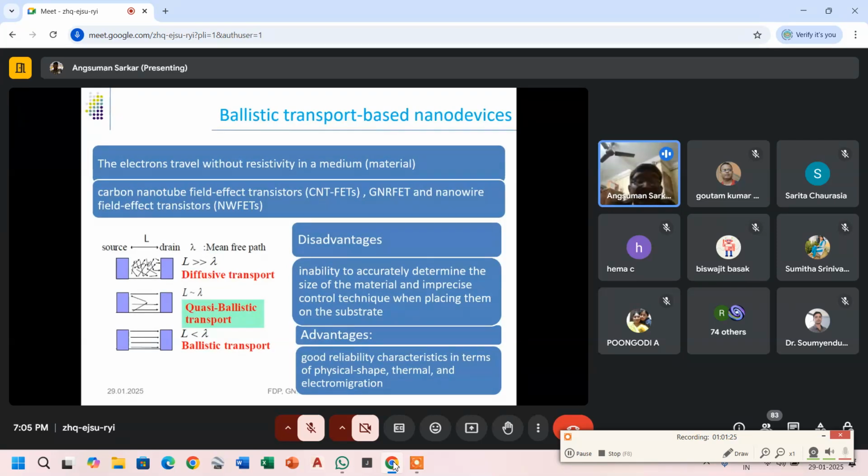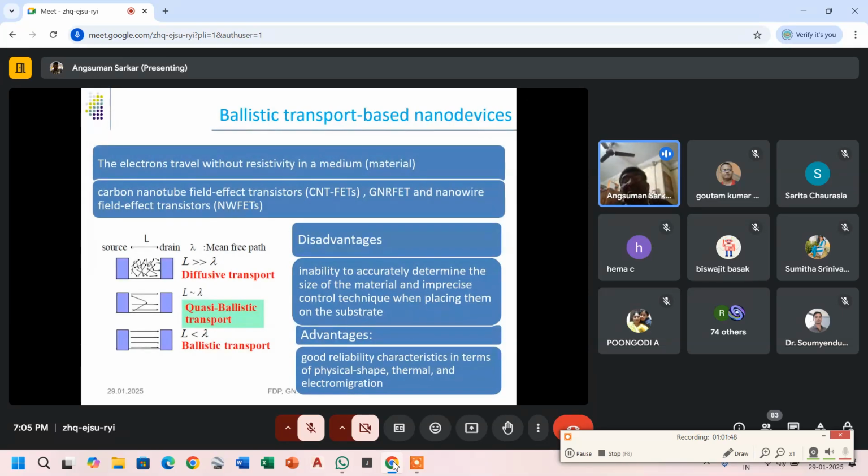So I have talked about the advantages, but we should also discuss the disadvantages. What are the disadvantages? Inability to accurately determine the size of the material, and imprecise control technique while placing them on a substrate. So it is very difficult to fabricate carbon nanotube. It is very difficult to fabricate graphene. It is very difficult to operate at room temperature.